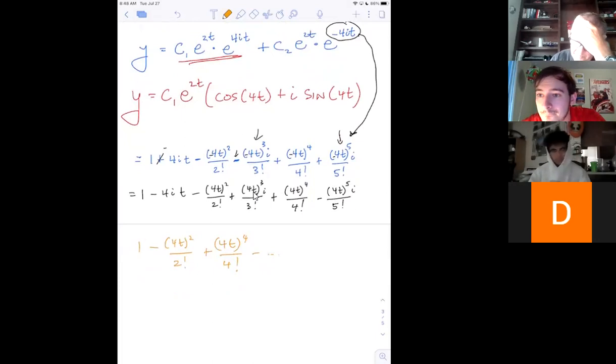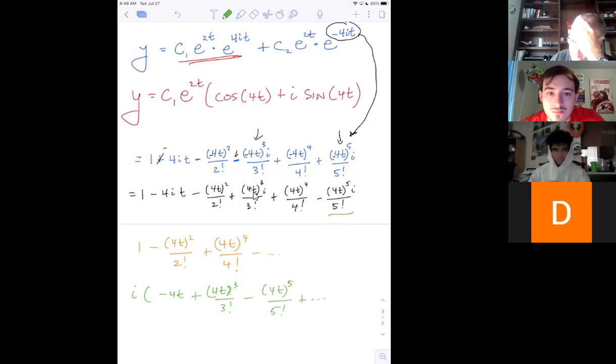And then our I terms, if I took an I out, I would have negative 4t, and then positive 4t cubed over 3 factorial. And then this term would be back to a negative again, 4t to the 5th over 5 factorial, and so on and so forth.